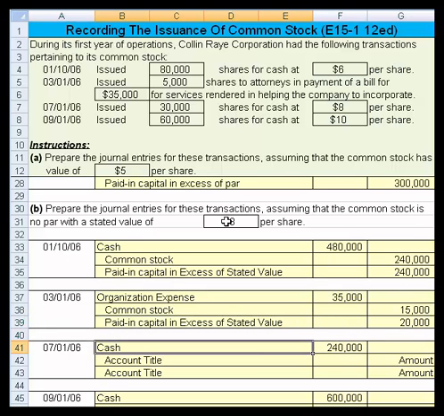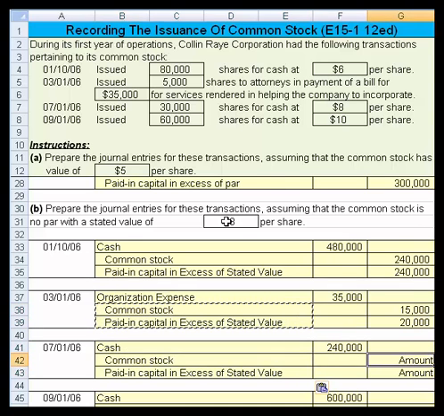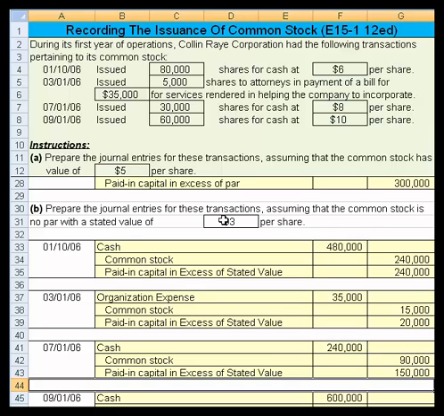Then on July 1st we have the cash of 240,000. Let me drop in what accounts I think we're going to use. We're going to have common stock equal to 30,000 times our new $3 stated value. 240 less 90 gives us 150 that flows into the paid-in capital in excess of stated value on July 1st.